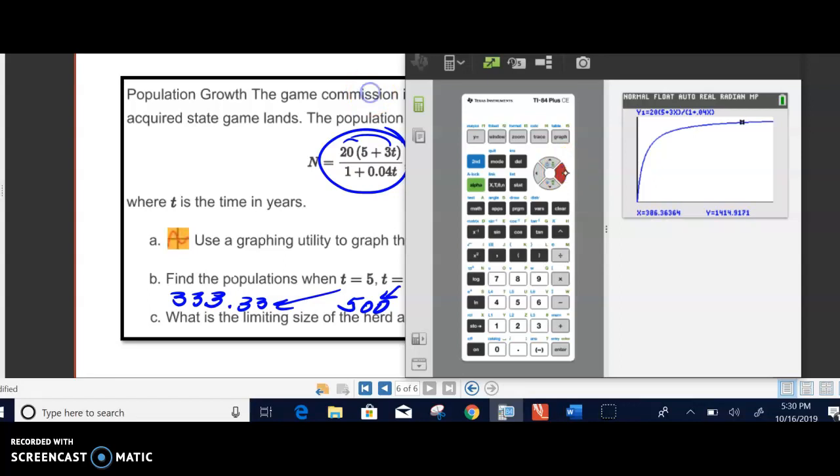Is that what it looks like? Yeah, they're getting close to 1500. So that horizontal asymptote is your limiting size of your herd. The herd can only get so big, and then again, there becomes a lack of resources and disease, and they'll just die off. But you see, it's getting closer and closer to the 1500. And you could continue to show that it doesn't go beyond 1500.